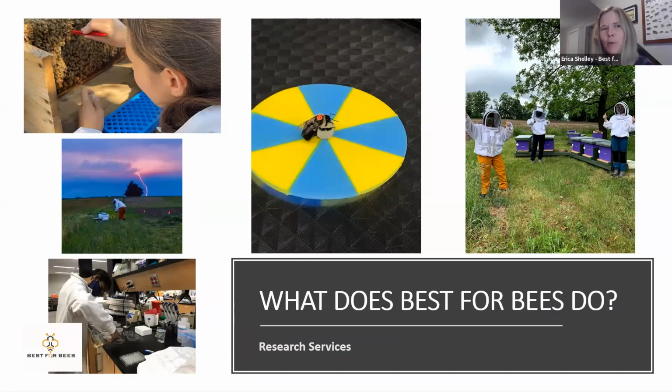But then there came a point where I realized how much I loved bees, and the more that I had been doing basic science research, a lot of opportunities started coming my way that allowed me to start doing research with bees. And it was just this great intersection between the microbiology background that I had and that love for bees. And so I started doing research with bumblebees and honeybees.